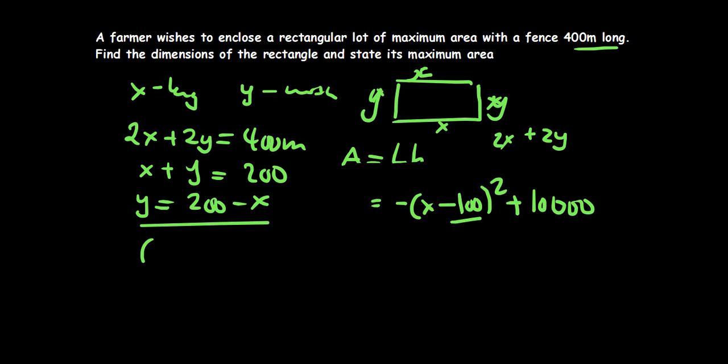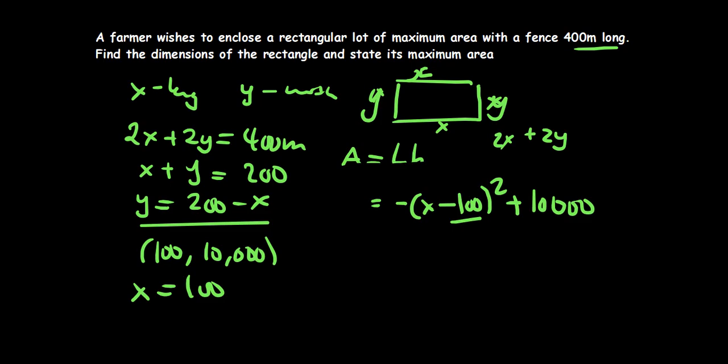So we just have to multiply that by a negative, and we will have positive 100 there, then the 10,000 we just get the way it is. So it means that for our rectangle at x equal to 100, we will have the maximum area.